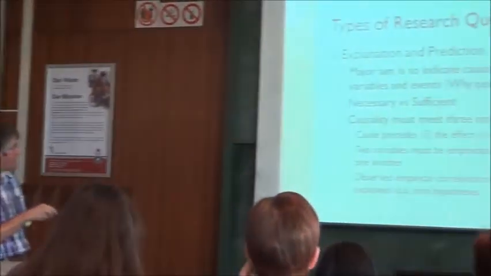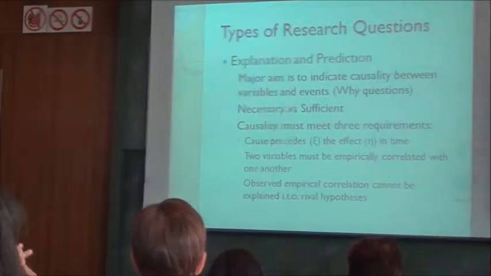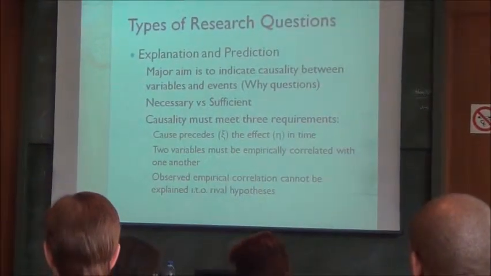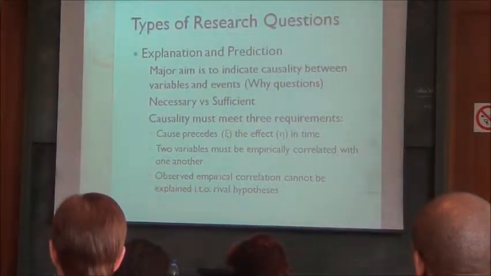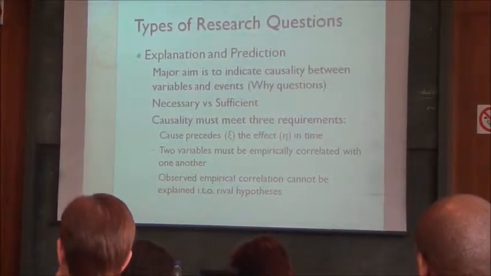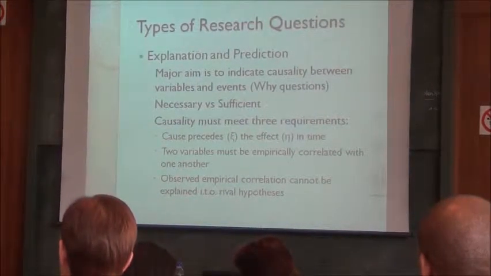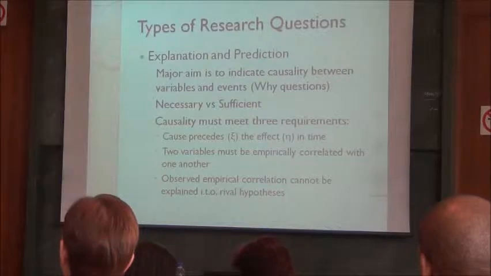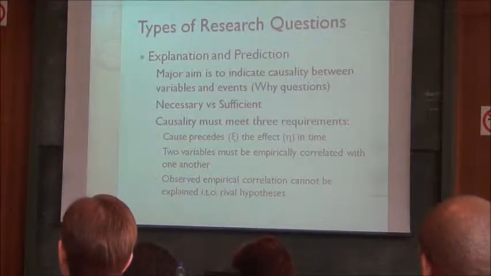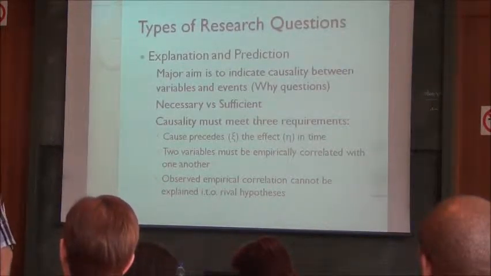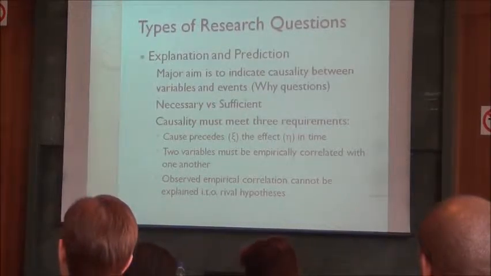So when we think about causality, the issue is about necessary versus sufficient. I'm not going to go into detail there, but sometimes a variable seems to be there when that outcome is occurring, but it's not always the case. Then we say that is sufficient.